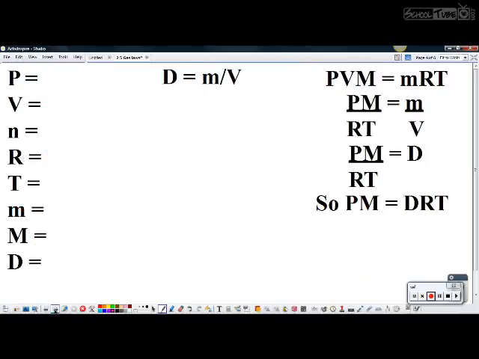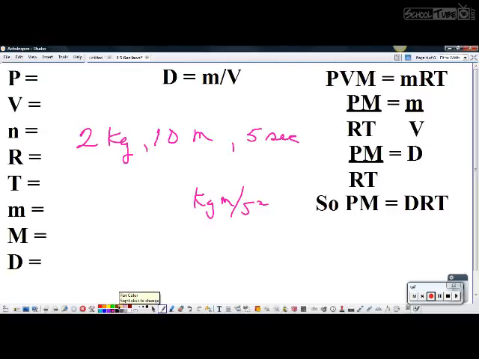All right, for just a second. If I am told that I have 2 kilograms, and in the problem it says that I've done 10 meters and 5 seconds, and it says I want to know this answer in kilograms meters per second squared, do you know anything about how to work that problem? No, you really don't. But look at the units.